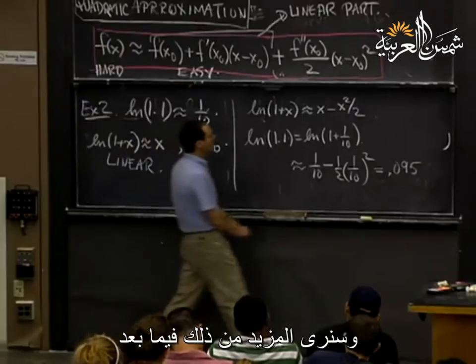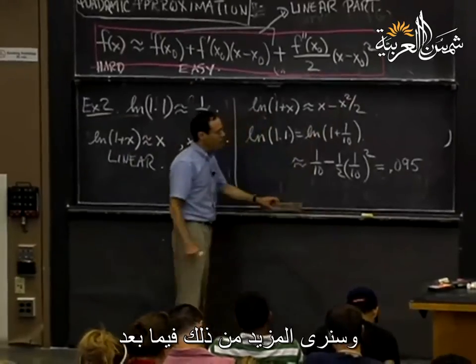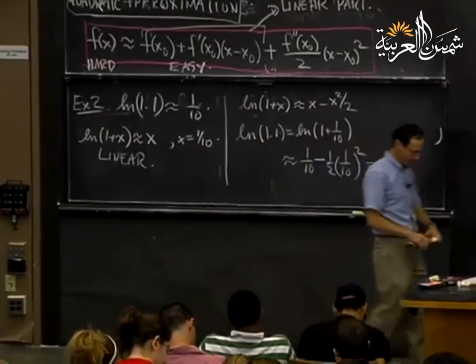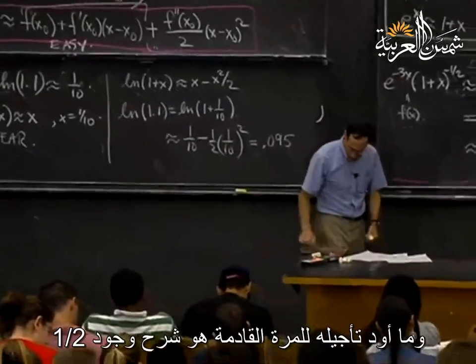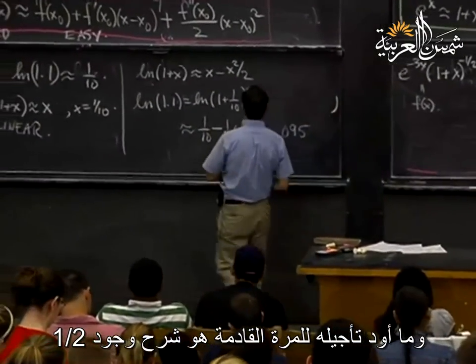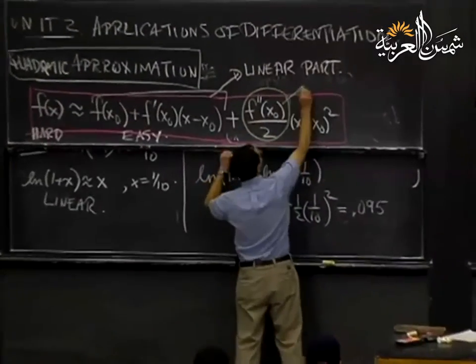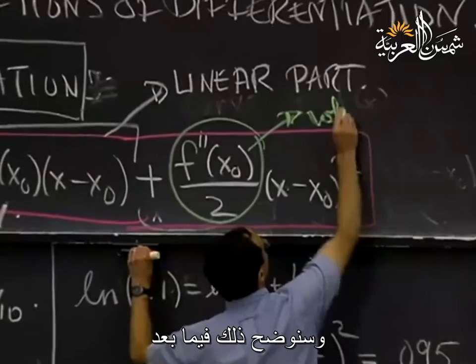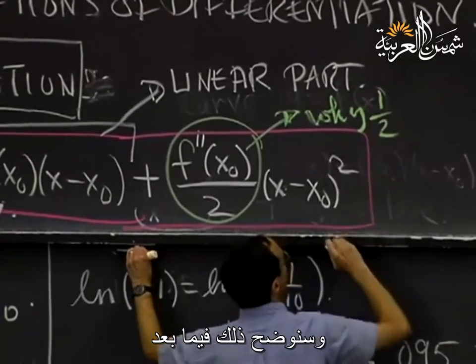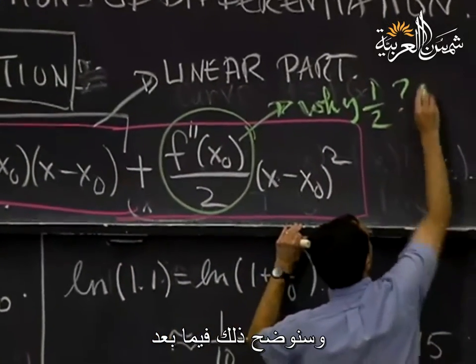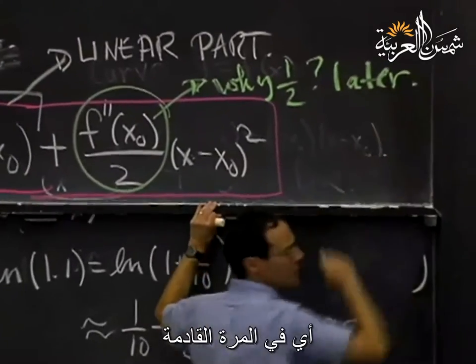All right, so now let me actually check a few of these. I'll carry them out. And what I'm going to probably save for next time is explaining to you why this factor of a half is there. We're going to do this next time.